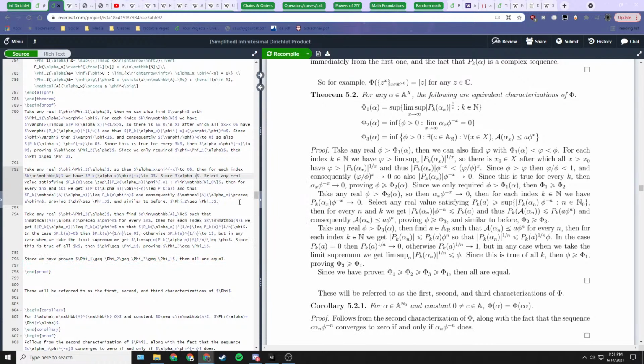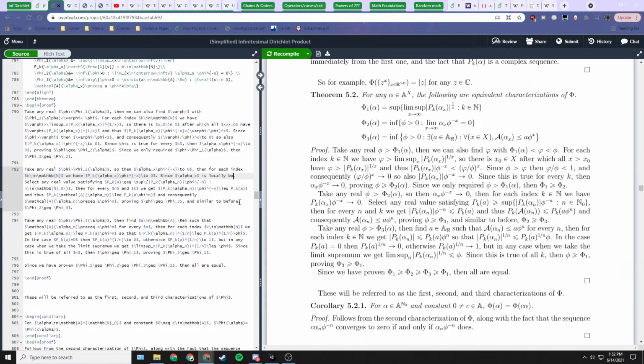Since alpha sub x is locally bounded, then p sub k alpha sub x times phi power minus n is globally bounded.